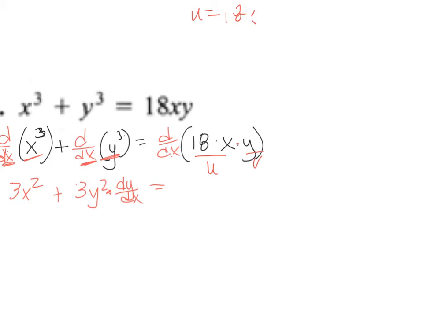Let me erase that. And my v is equal to just y. So u prime is going to be just 18, and v prime is going to be dy dx.